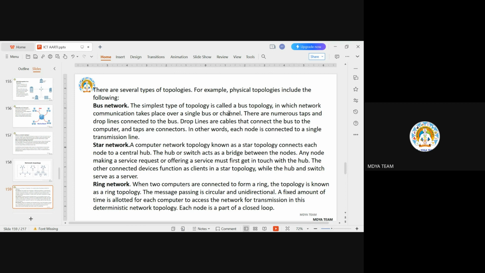You need some cable to connect your PC with that main wire. That is the drop line. Drop lines are cables that connect the bus to the computer. Taps are connectors. In other words, each node is connected to a single transmission line.